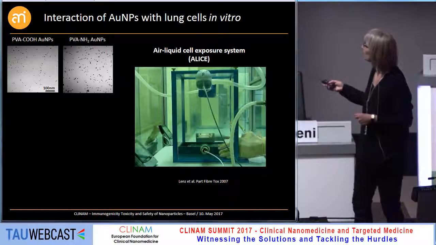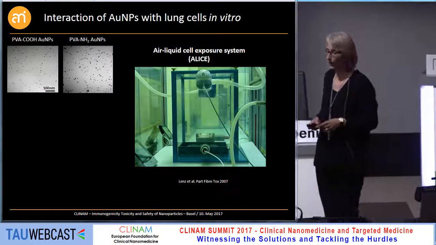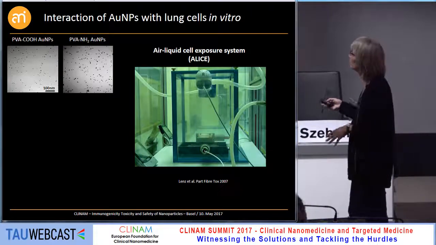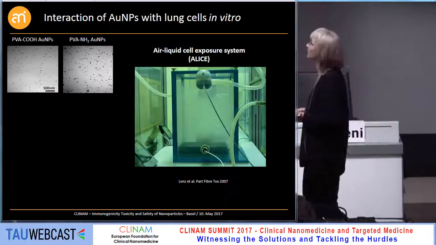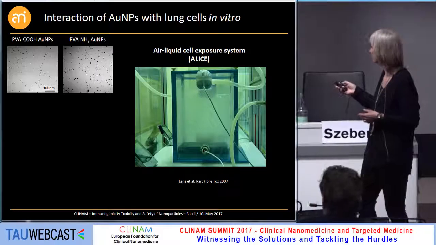I will only show you two examples, two particles, because of time: negatively charged particles and positively charged particles for the PVA, polyvinyl alcohol labeled nanoparticles.